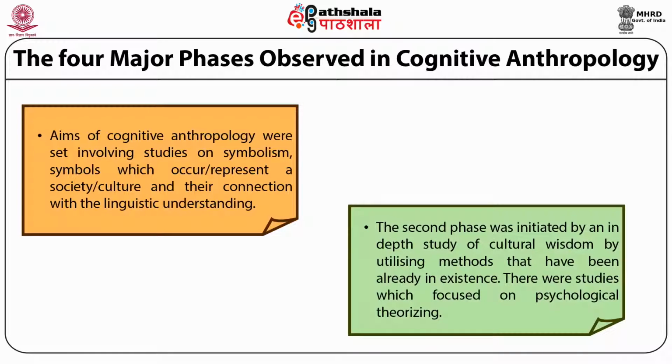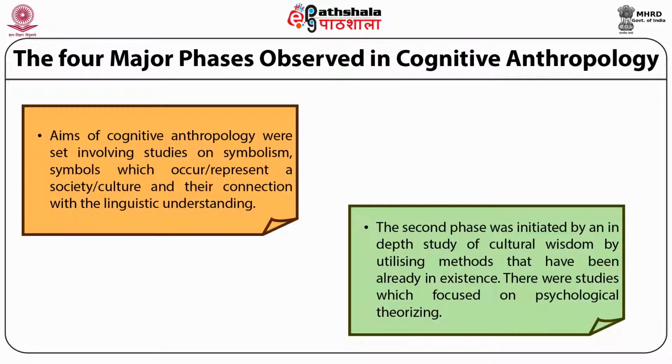And then the second phase initiated an in-depth study of culture, cultural wisdom. What do you mean by cultural wisdom? Cultural wisdom is manifested in stories, in myths, what we call cultural intelligence. Every culture has its own intelligence. It could be literate or non-literate, advanced or not.